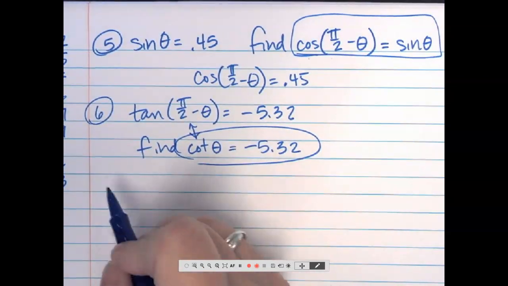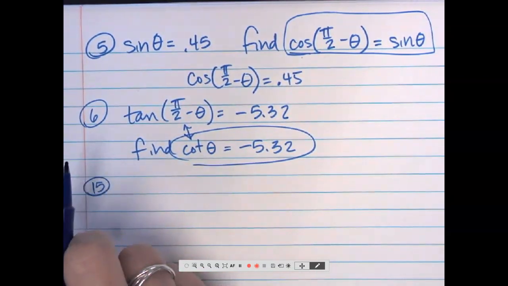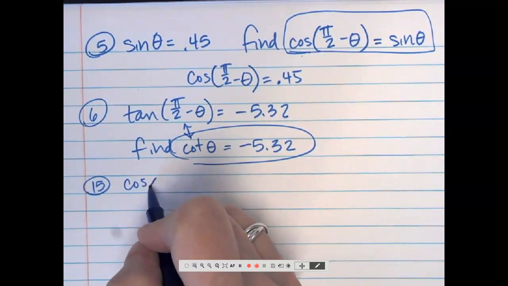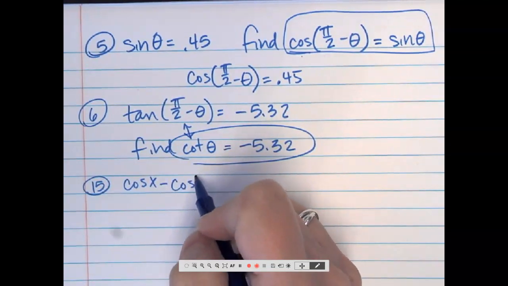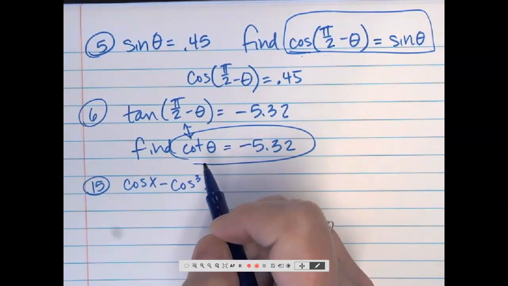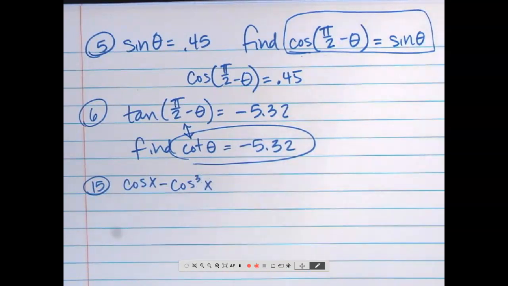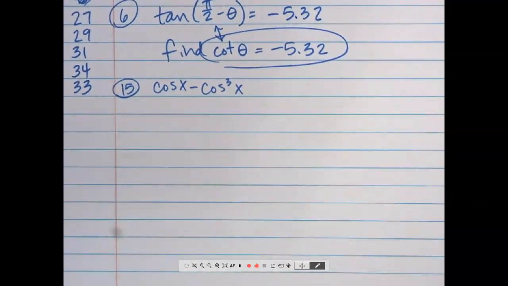Okay, let's see, I think 15 might be the next one on our list. Okay, cosine x minus cosine cubed x. And the directions are use basic identities to simplify. Okay, so I can't subtract these because they're not like terms.